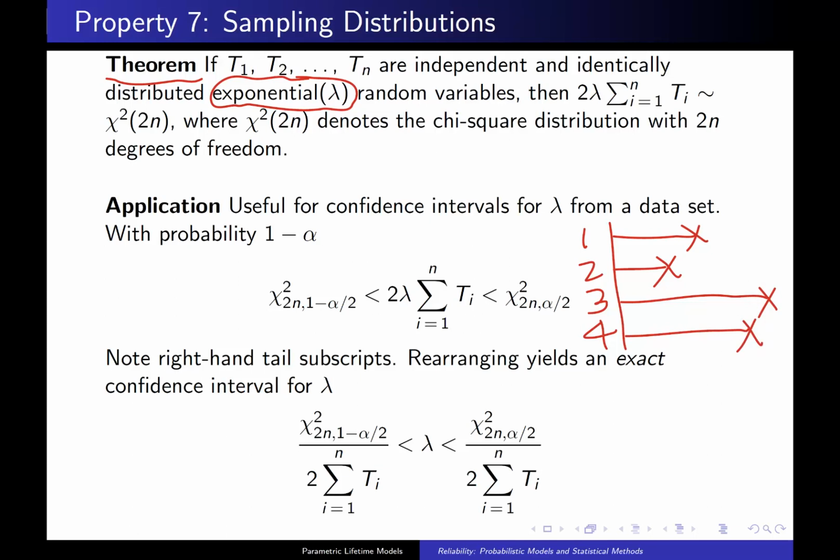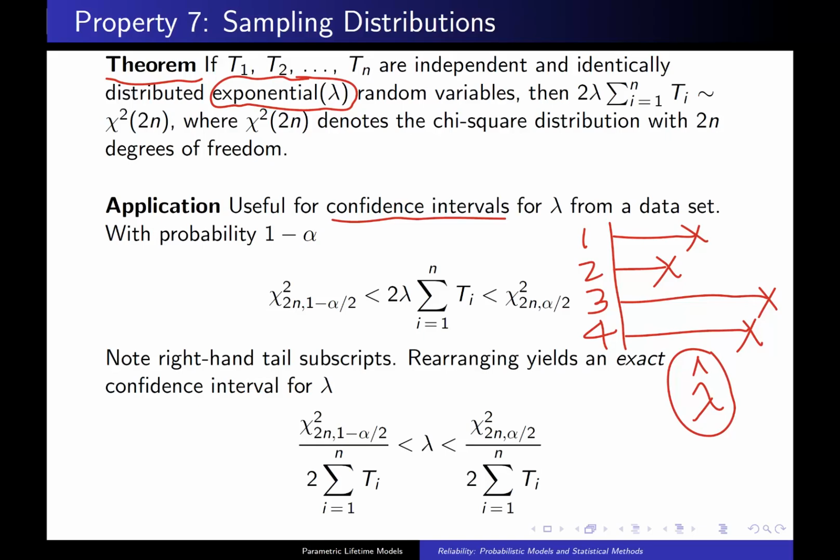Now when we get to chapter 7, we're going to find out ways of estimating lambda hat, but the application here is to find a confidence interval for lambda, which will give us a clue as to how much precision we have for lambda hat.